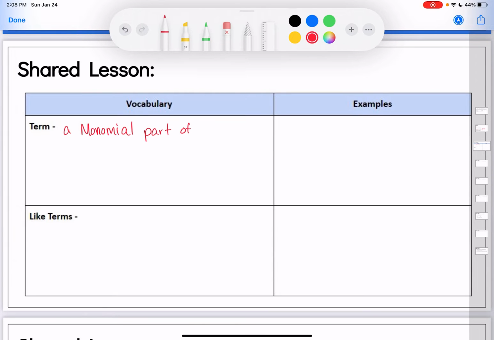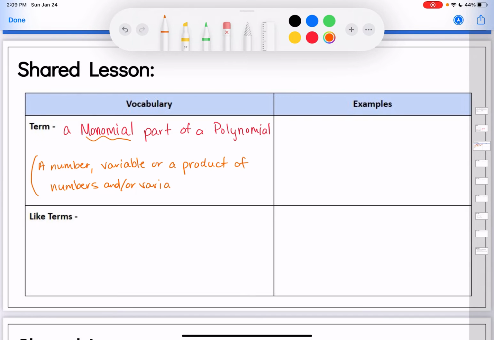And if you remember from yesterday, a monomial is a number, a variable, or a product of numbers and or variables. Things that are connected by multiplication. If I have a plus or a minus, that's the separator between terms. Okay, you got the idea.